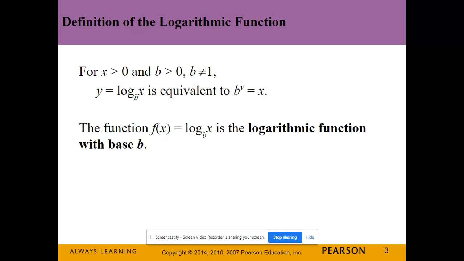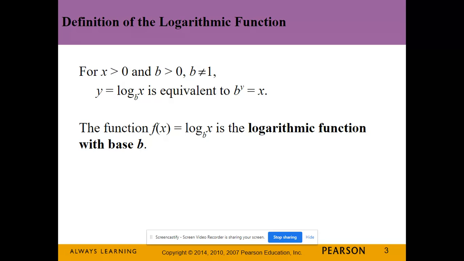Definition of a log function. So for any x value greater than 0, so x has to be greater than 0, and for a b value greater than 0, y equals the log base b of x is equivalent to saying b raised to the power of y equals x. So a log function is just an exponential function written in a different form.